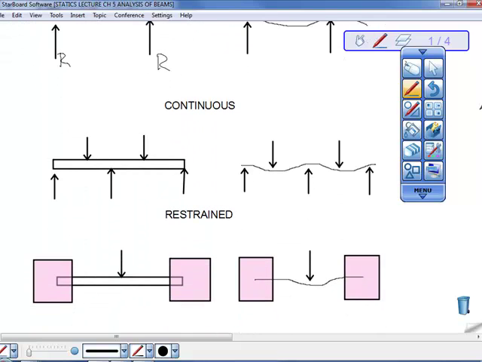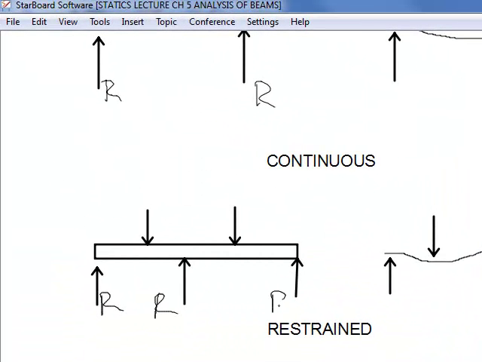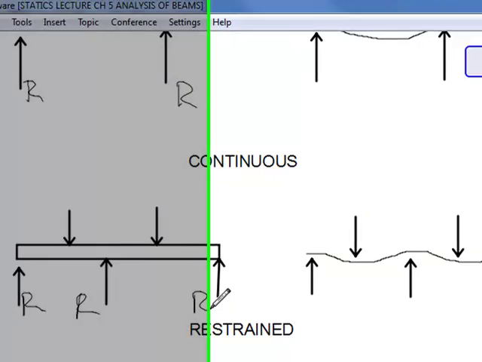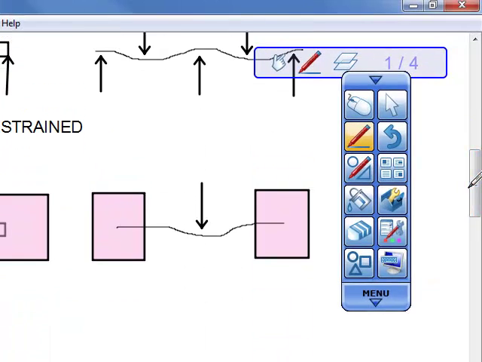Then you got continuous, which has supports at both ends and sometimes in the middle. And you got loads on the top. And those behave like they just go up and down forever and ever. Then you have restrained, where it's rigid in both ends, it's stuck in a wall or something, and you got a force coming down.